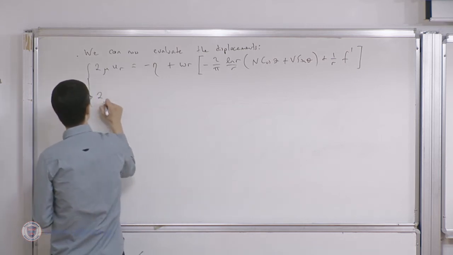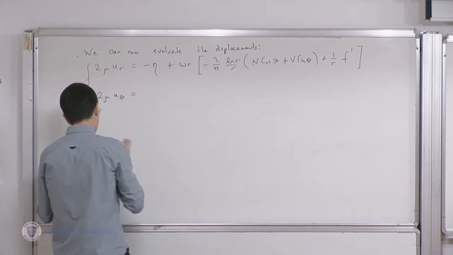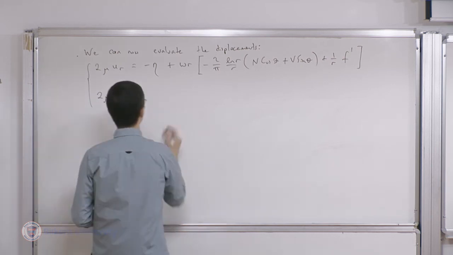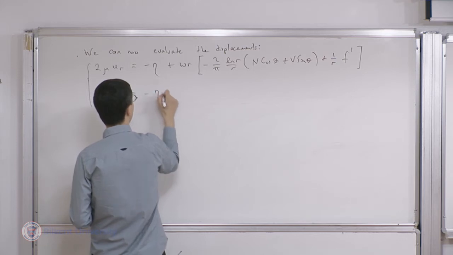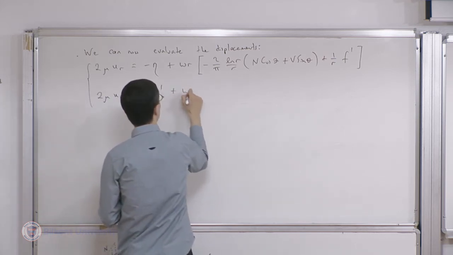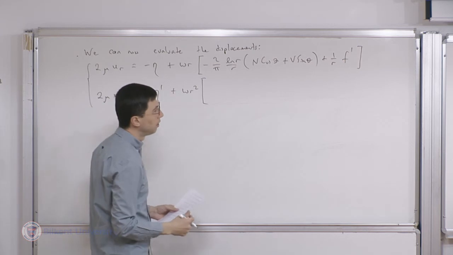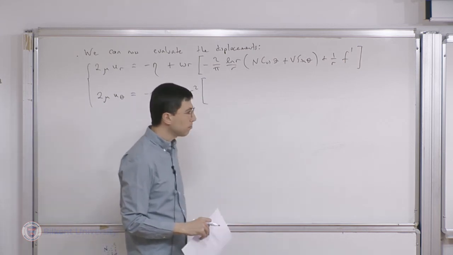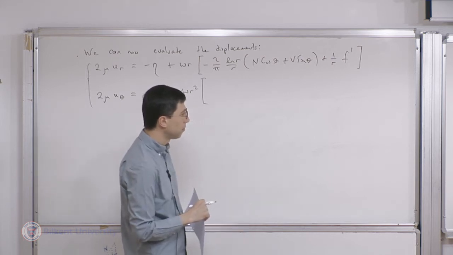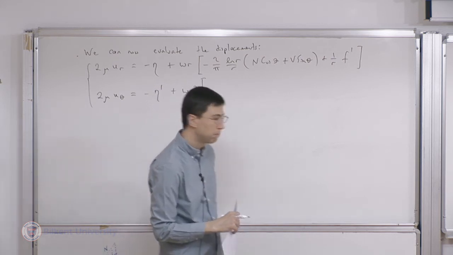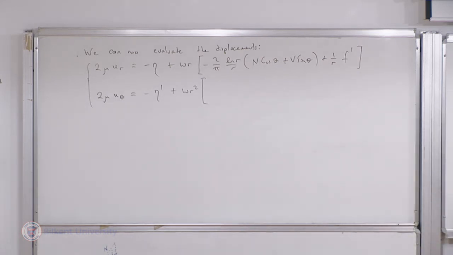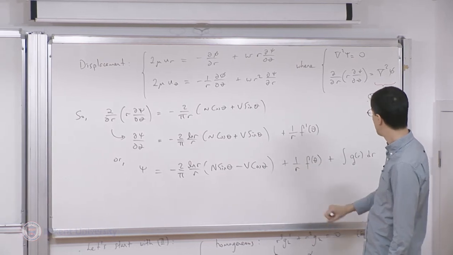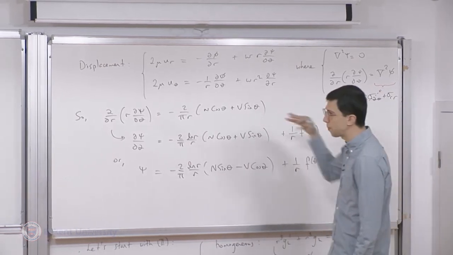And the second one is 2 mu u theta. So it's minus 1 over r del phi del theta, so that is minus eta prime in this case, plus omega r squared, a derivative with respect to r. If you look again in your notes, or if you see the board, I need to take that derivative, that's fine. This one over here is easy, and here g automatically comes into play.